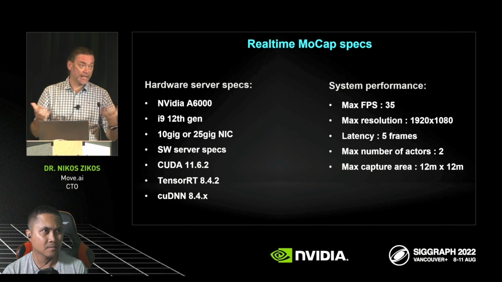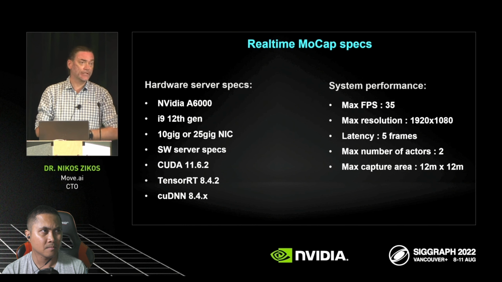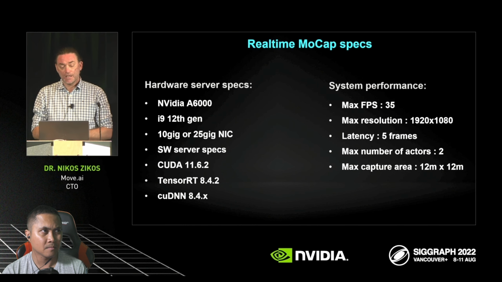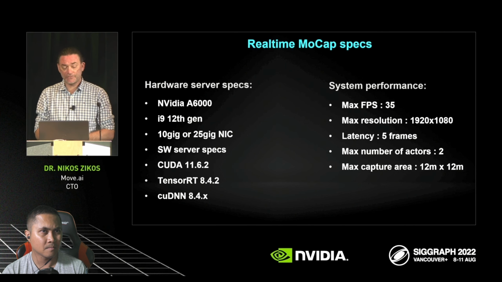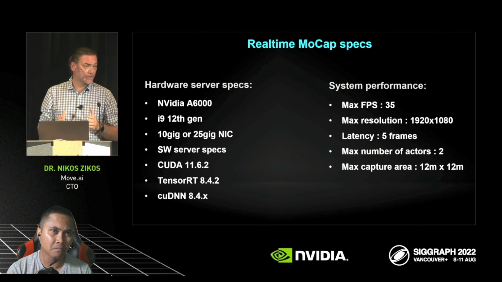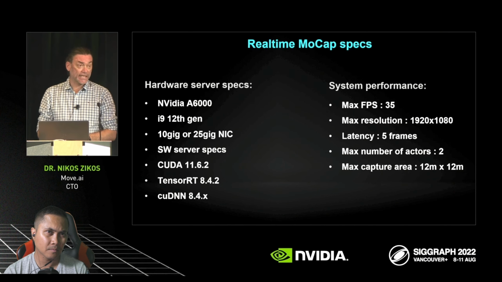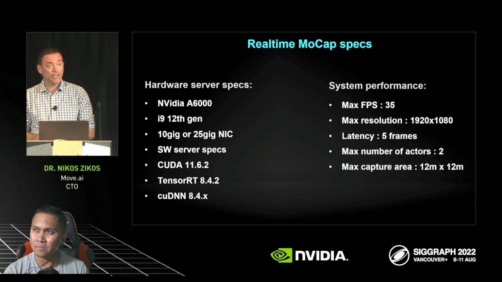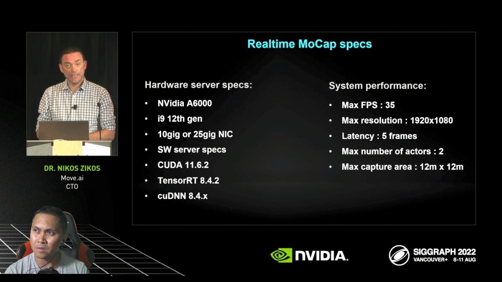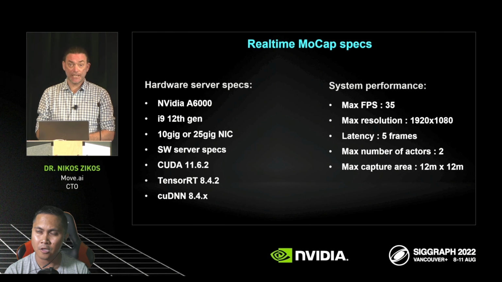And of course, the cameras have to be connected. Right now we're using IP cameras. We can have a maximum FPS of 35 frames per second, at a low resolution for now, 1920 by 1080. The latency is 5 frames. We definitely want to minimize that, and the next step is to use the Rivermax drivers and GPU Direct.